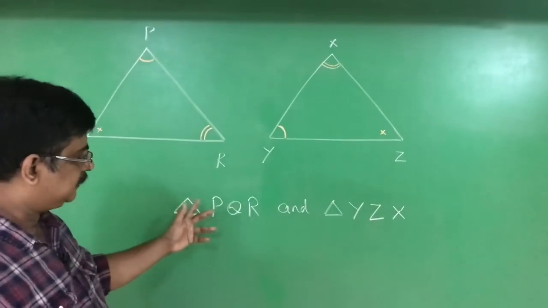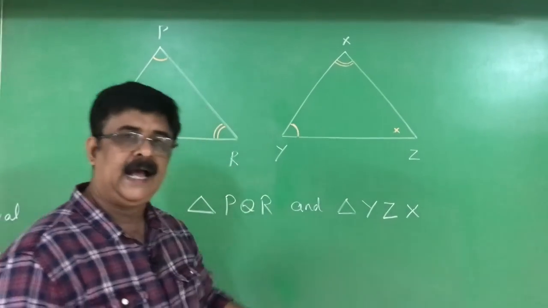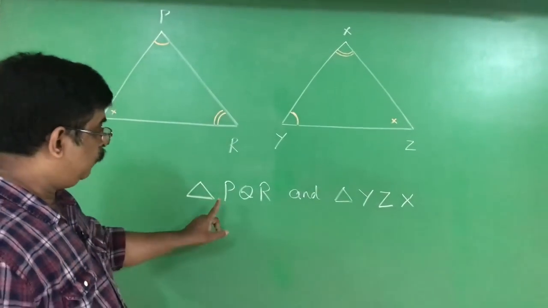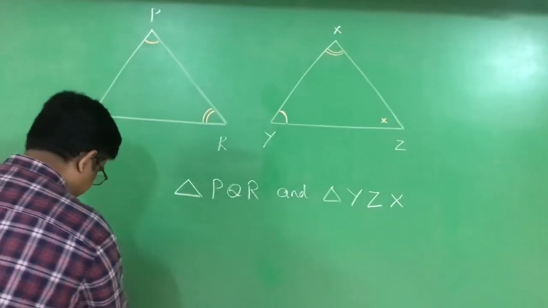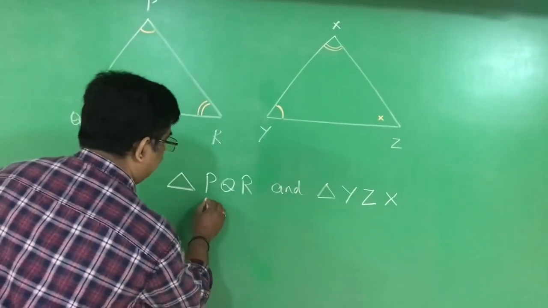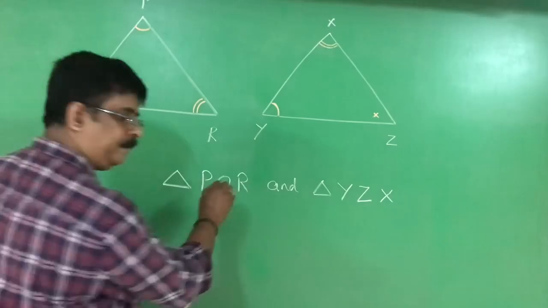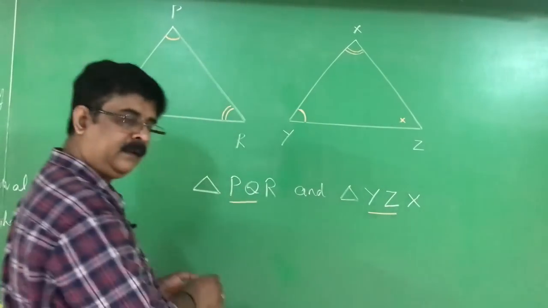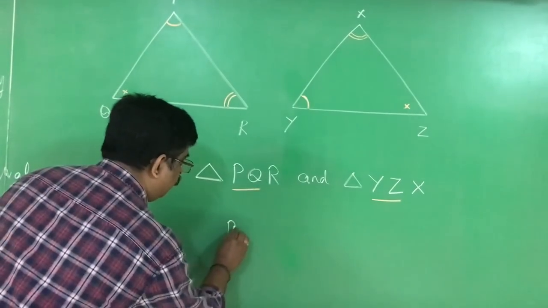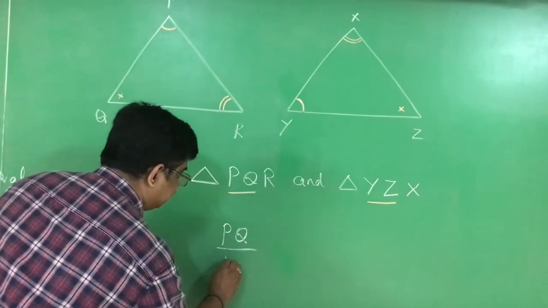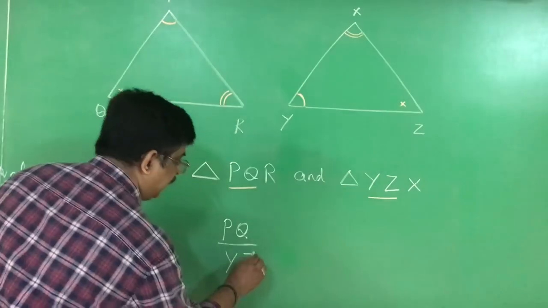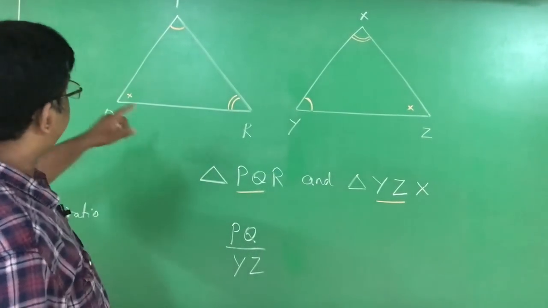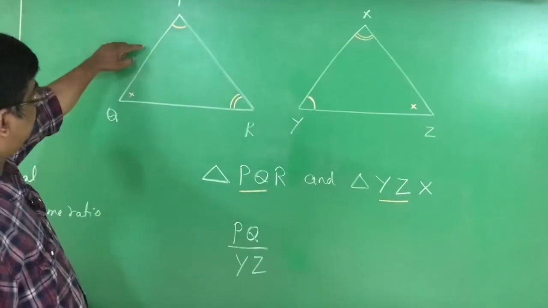Once I write them with the corresponding vertices, I can easily write their corresponding sides. How? See, cross check it. First two, this is the skill you have to develop. First two is what? PQ. Here first two is what? YZ. PQ and YZ are corresponding sides. How can I cross check it? See PQ. Where is the PQ? PQ is here.